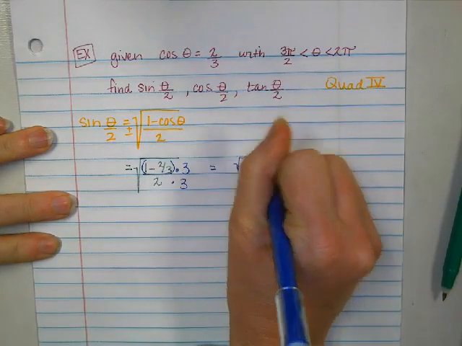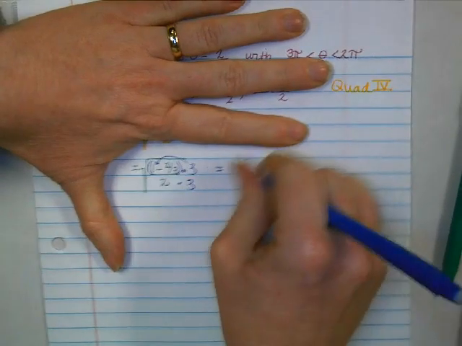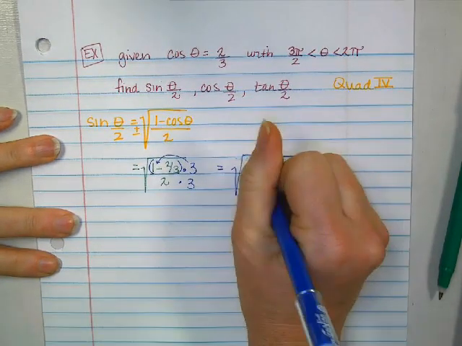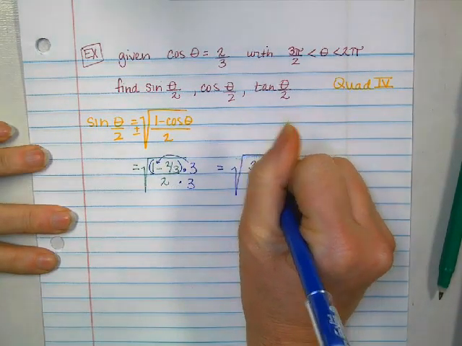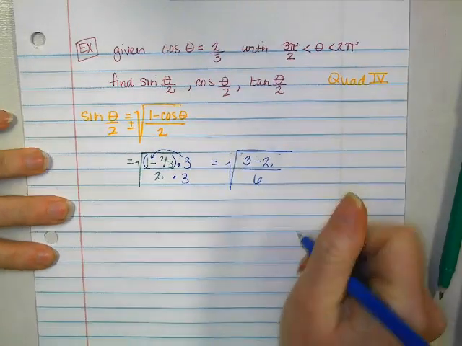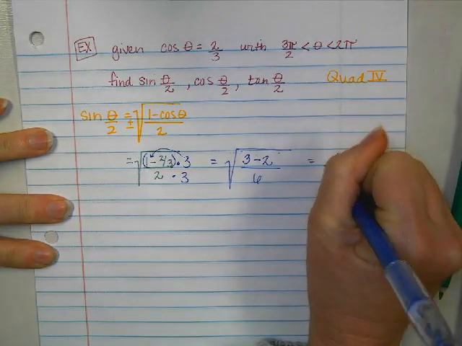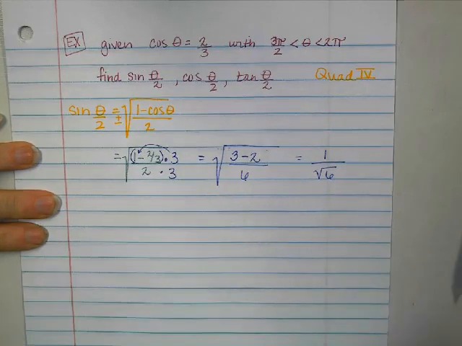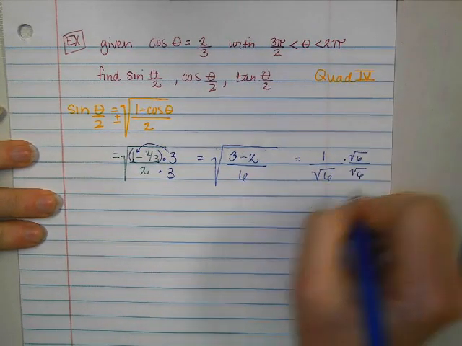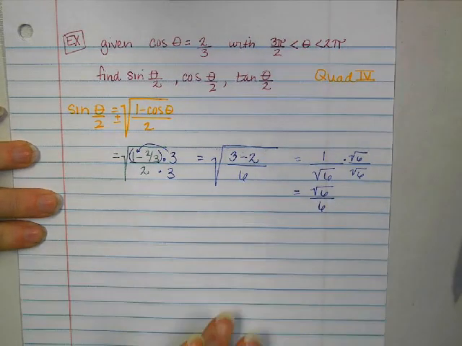So that would be the square root of (3 minus 2) over 6, which simplifies to 1 over square root 6, which then I have to rationalize. So I get square root 6 over 6 for sine.